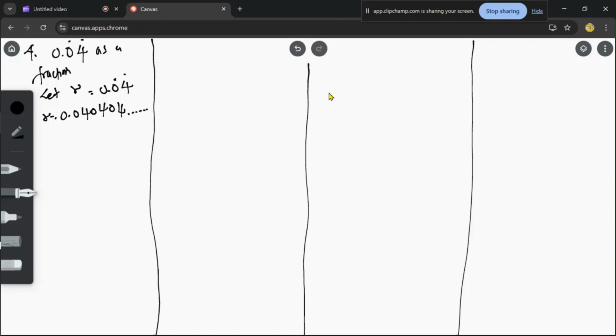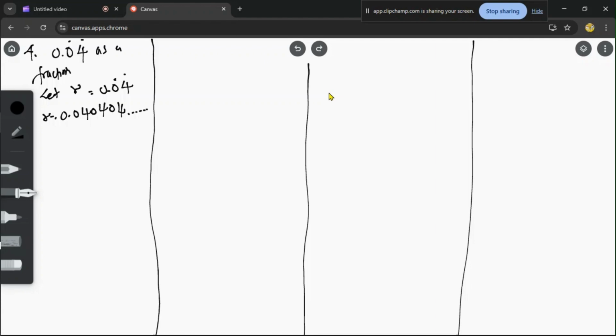Now, for me to write this clearly as a fraction, I'll ask myself: this number has two digits that repeat. You can see 0, 4, then again 0, 4. So we have two digits.